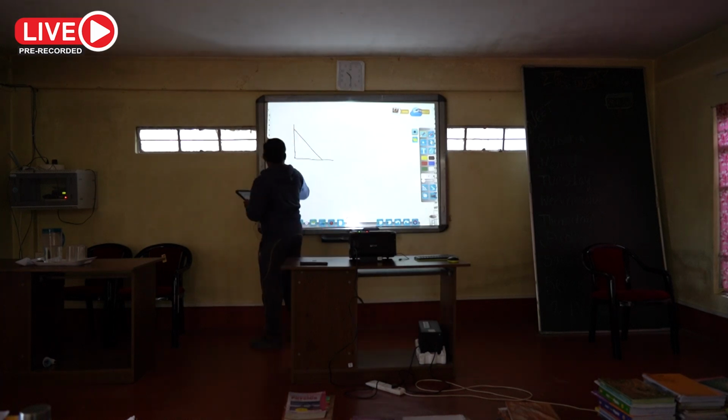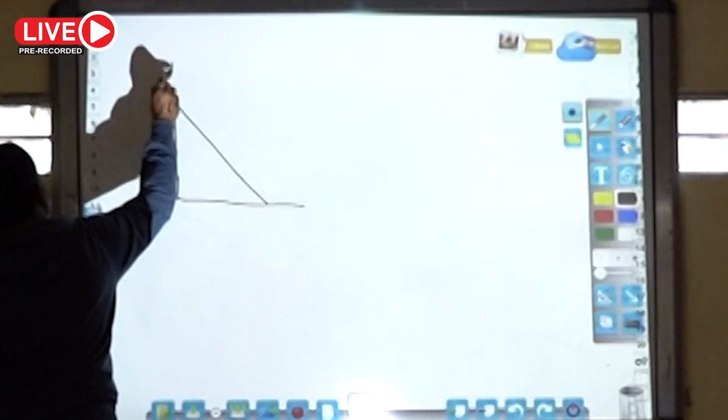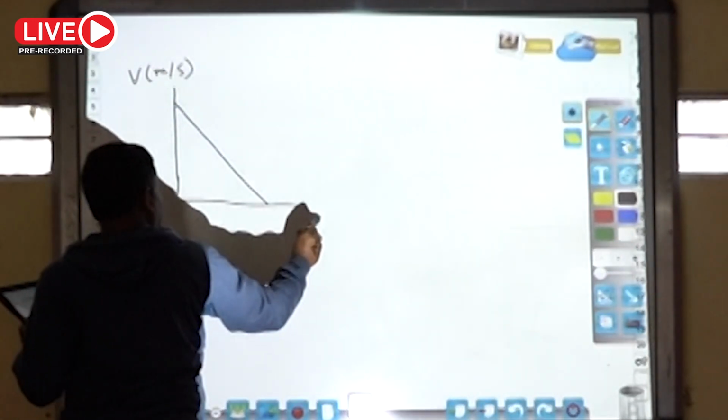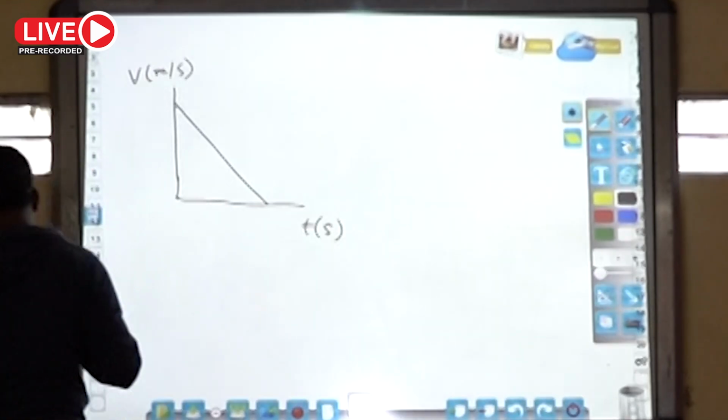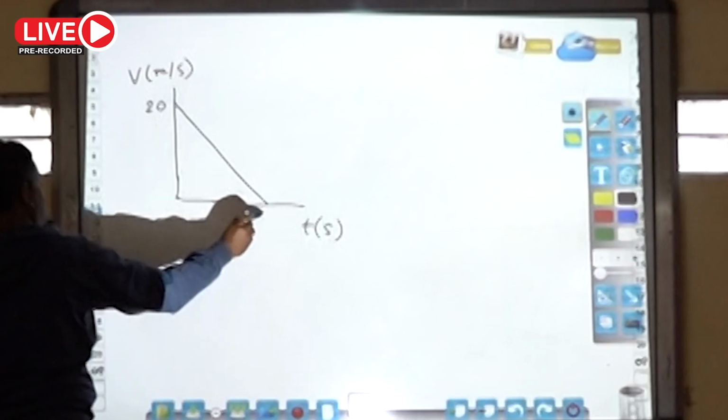Here V is plotted in meter per second and time is in second. This is 20, this is 2.